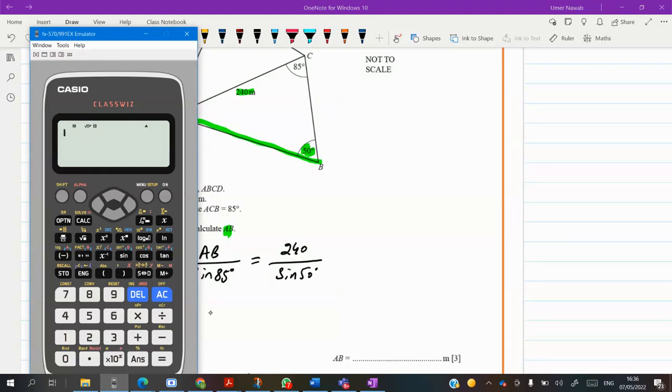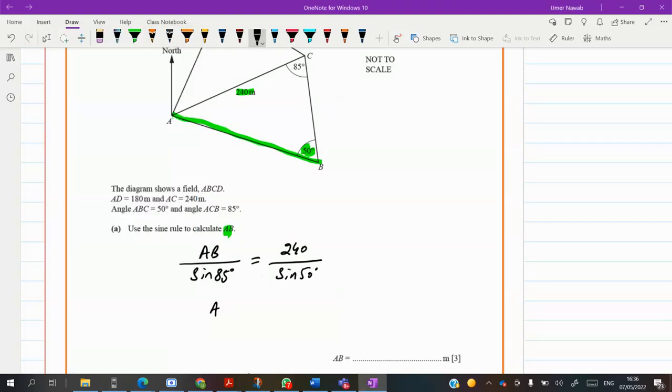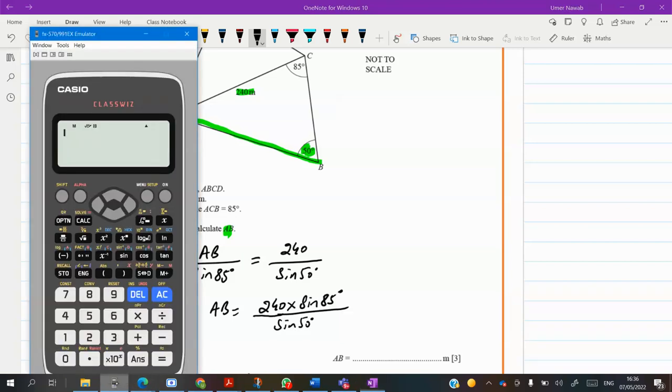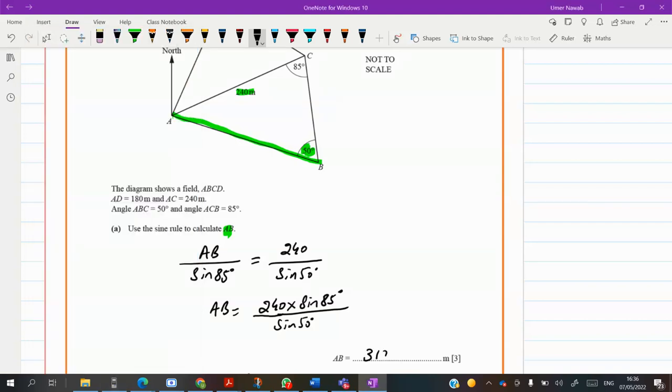Can I send sine 85 to the other side? AB is equal to 240 times sine of 85 over sine 50, which is 312 meters.